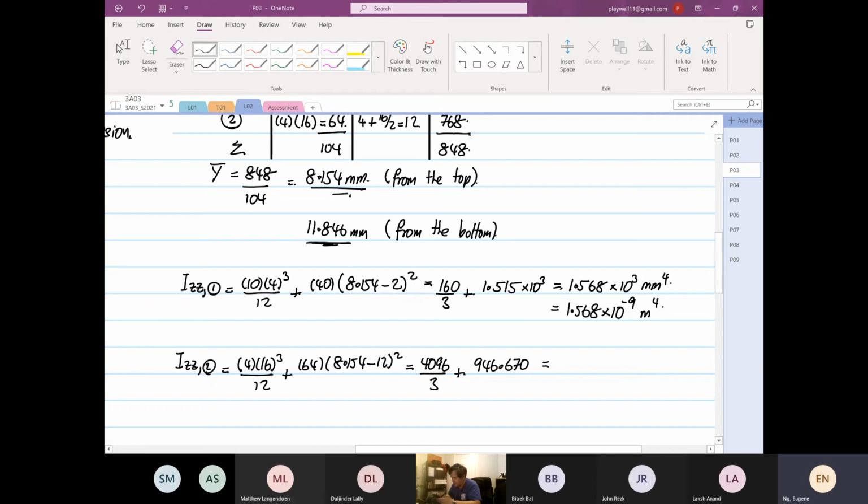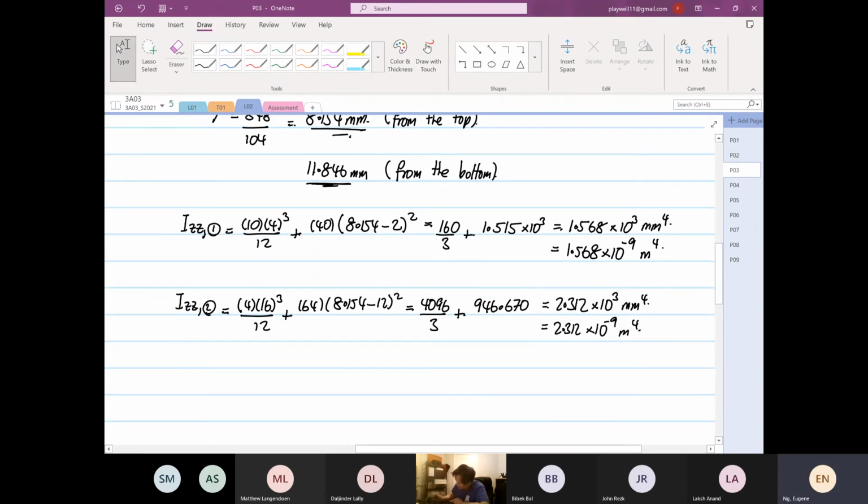So 4096 over 3 plus 946.67 will be equal to 2.312 times 10 to the power 3 millimeter 4. So this is 2.312 times 10 to the power minus 9 meter 4.